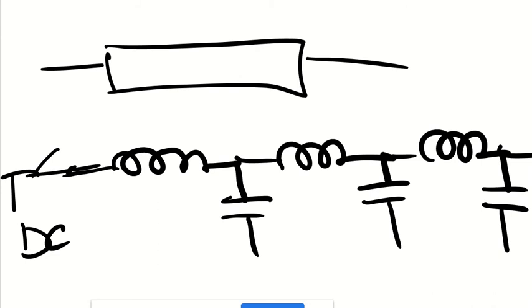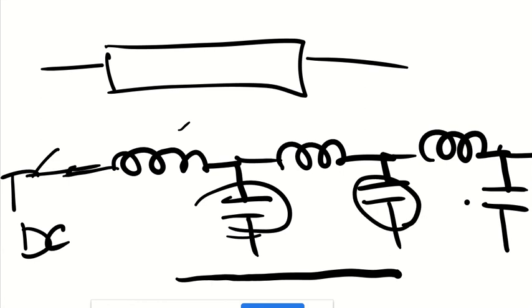That means the inductors will see a change in current, and inductors don't like change, right? And they backfire. But in a stable state when I have DC current, the transmission line acts just like a wire. Why? Because these capacitors will charge and an inductor is just a coil of wire for DC.